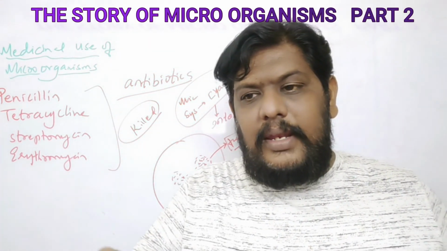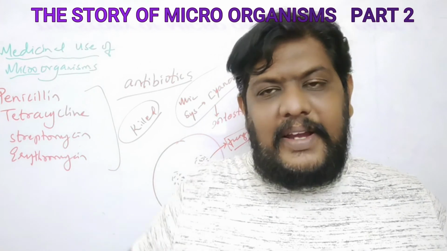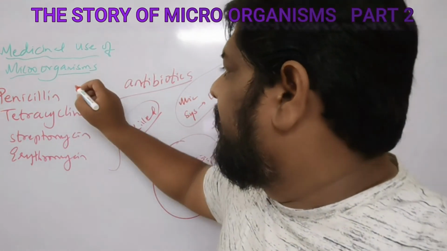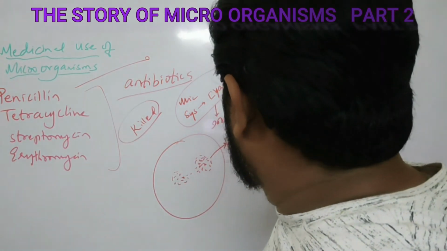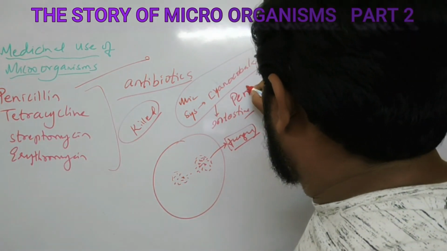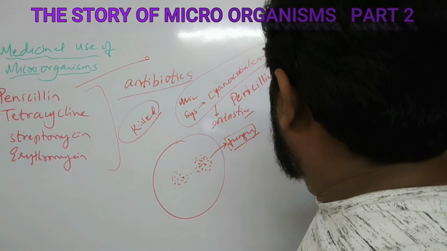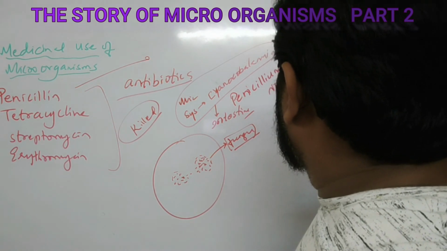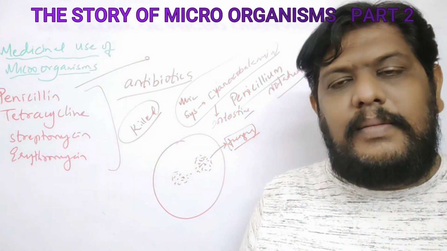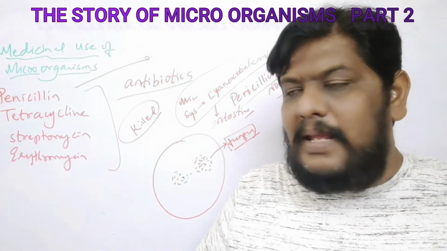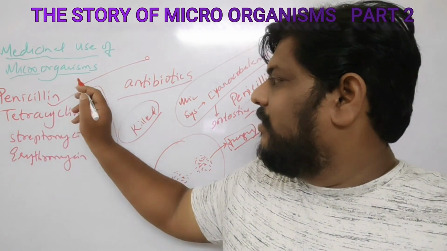Now he separated the fungus, and the name of this fungus is Penicillium notatum, and from that he made an antibiotic which is called penicillin.